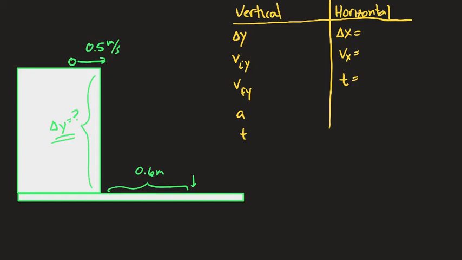Now, just like before, you can kind of get an idea of where things have to go just based on the units in which they were given. Right? These have to be the units that are associated with those values.